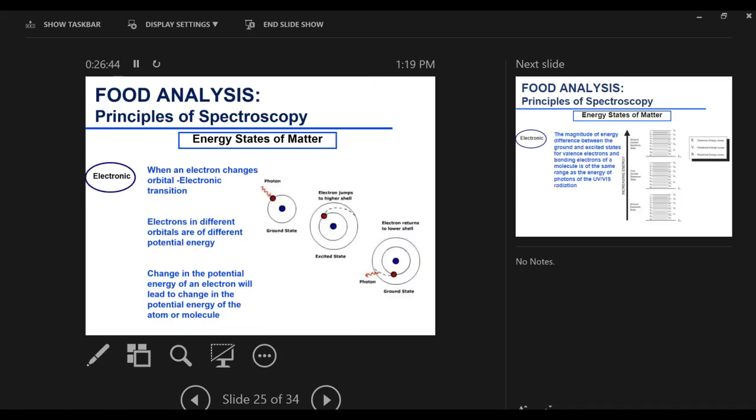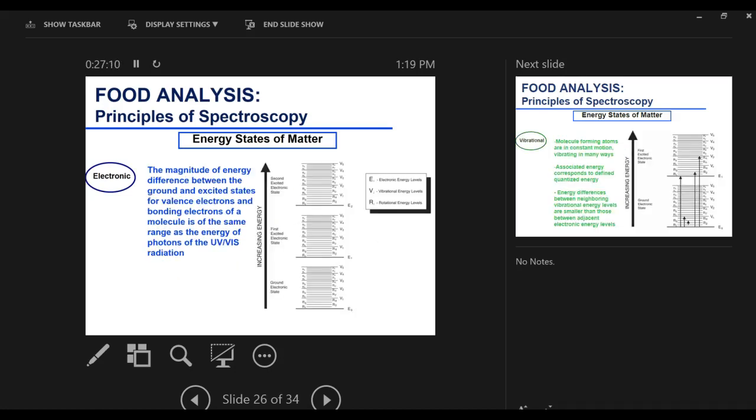Okay, so electronic energy is basically the energy we just explained, which has to do with the electron. The electron absorbs the light and moves to the next orbit. So atoms or molecules can be excited by electronic energy. It is the energy that is absorbed by valence electrons, or electrons that are participating in bonding.